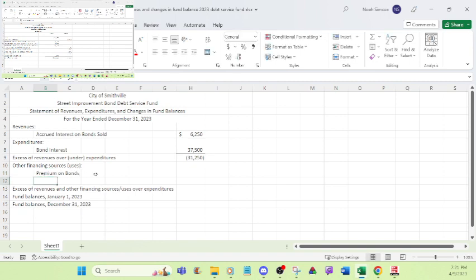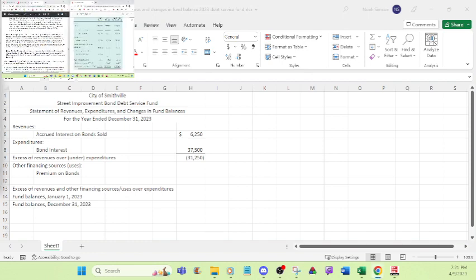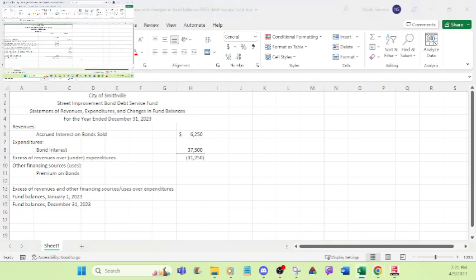So, what happens if you have a use? Well, we don't have a financing use. We have only sources. Premium on bonds. Inter-fund transfers in.